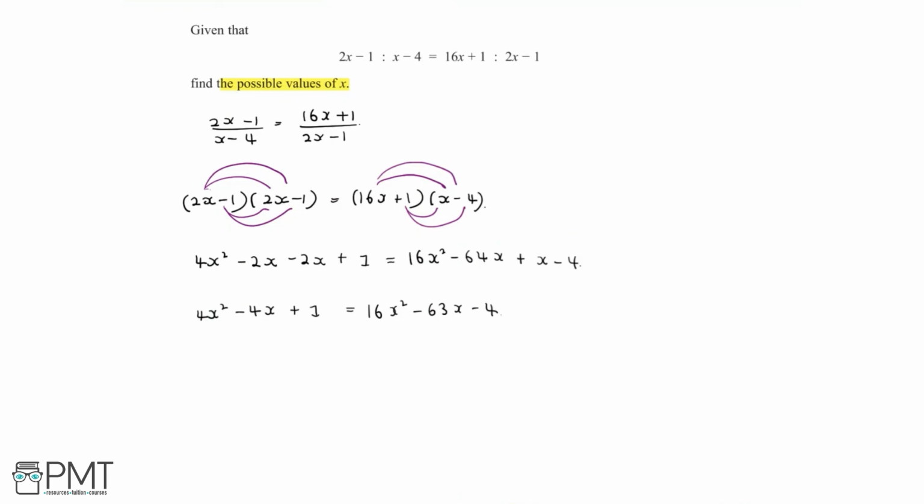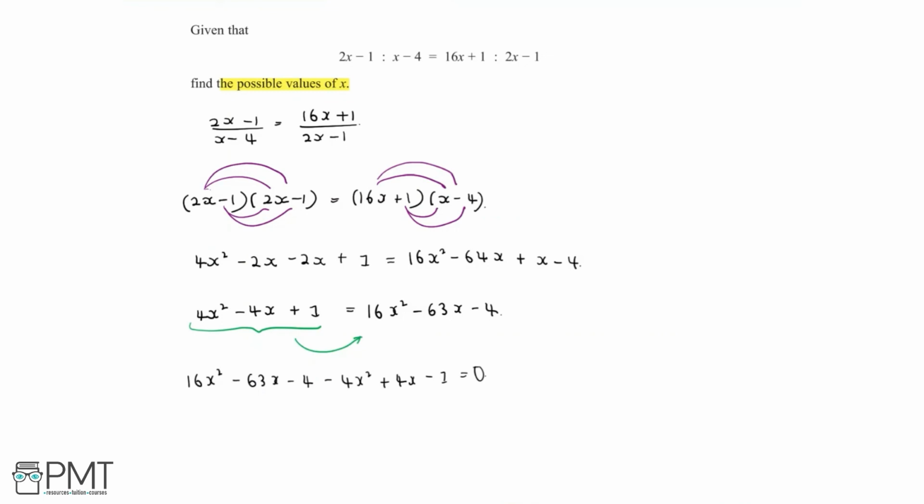Now in order to solve for x, we want to create a quadratic equation equal to 0. And so to do this, we can move this entire expression over to the right hand side. And so we'll end up with 16x squared minus 63x minus 4, and then we have minus 4x squared plus 4x minus 1, all equal to 0.